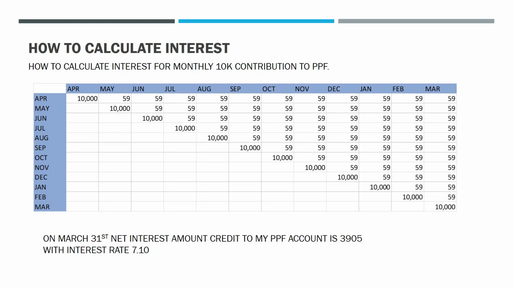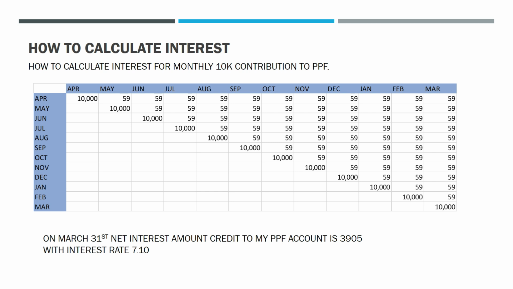Well, I know there is an interest credit to my PPF account every year on March 31st, but I'm wondering how this interest will be calculated. In this case, I am taking a rate of interest as 7.1% per annum, and the person is paying 10,000 rupees every month, from the start day of the month to the last day of the month, and he is honoring the commitment of paying 10,000 rupees every month for the first financial year.